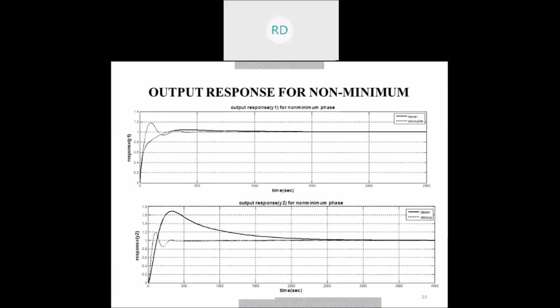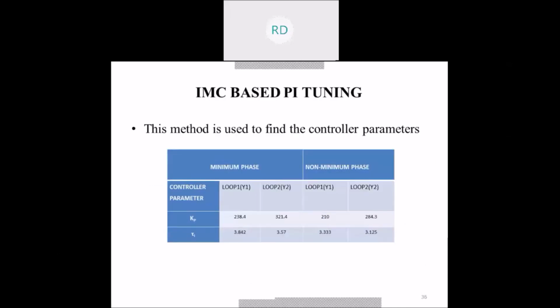Similarly, for non-minimum phase, next is IMC based tuning. IMC is nothing but internal model control. I'm using the IMC PI tuning method here to find the controller parameters, with the controller again as a PI controller.